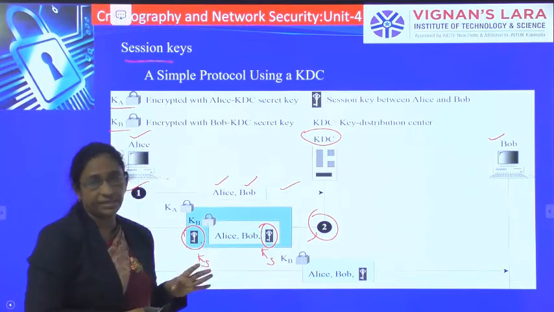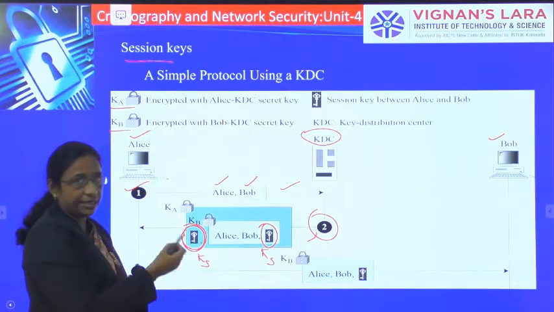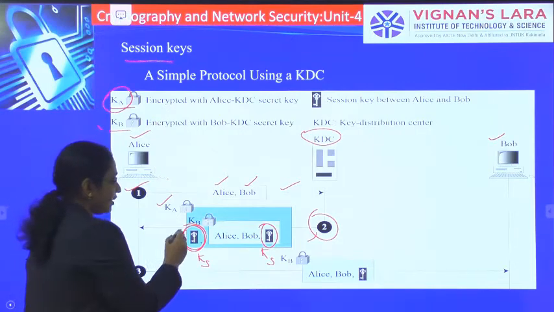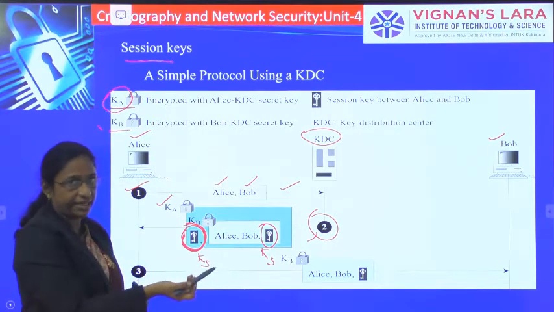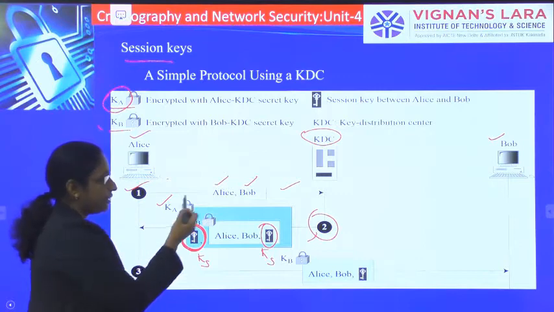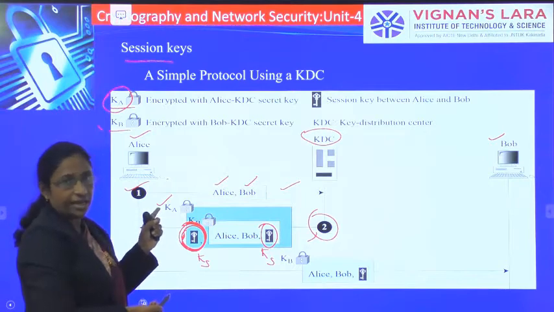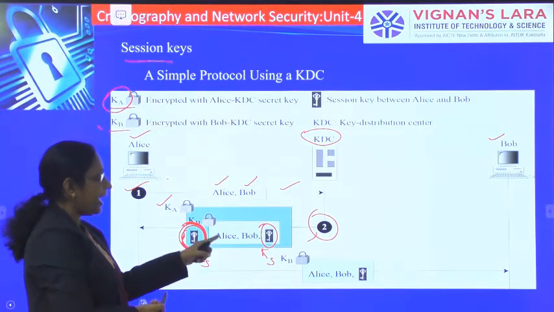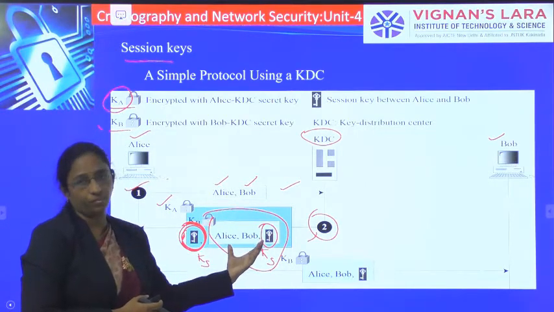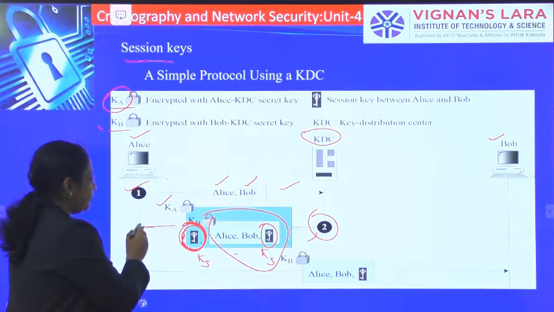Since it has to be sent secretly, the KDC encrypts the session key with the key shared between Alice and the KDC. Along with this part, there is another part which is for Bob, the session key for Bob. The entire thing is sent to Alice.